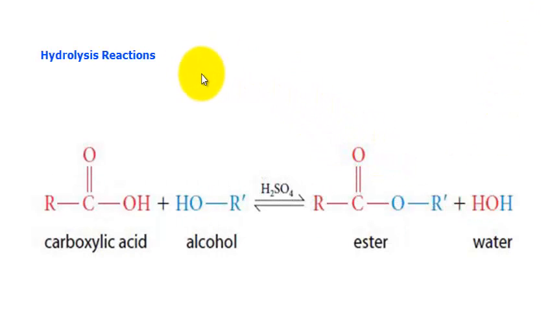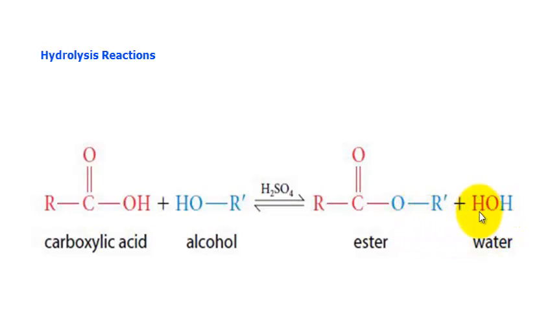Now, a hydrolysis reaction is a reaction in which a molecule is broken apart by the addition of a water molecule. An example is the reaction of an ester with water forming an alcohol and carboxylic acid.